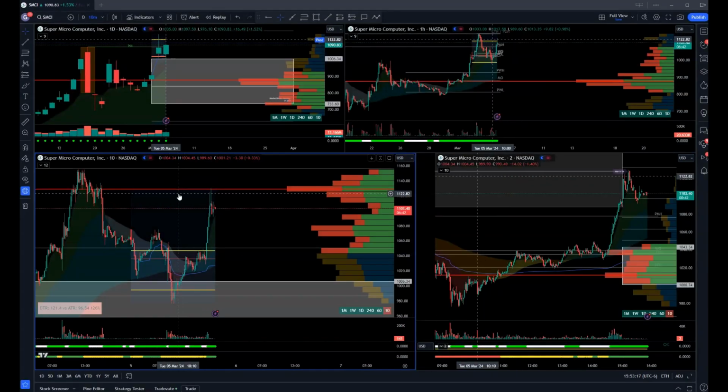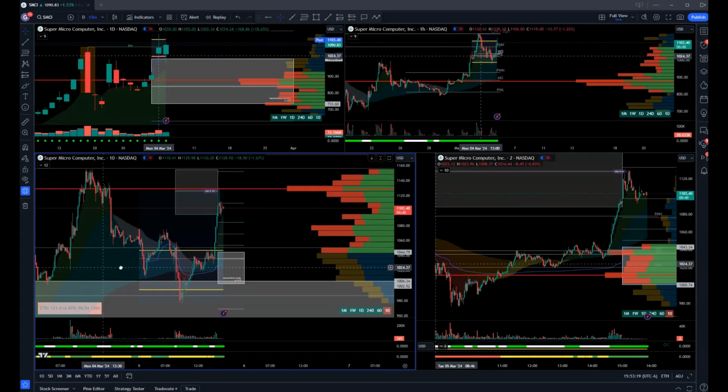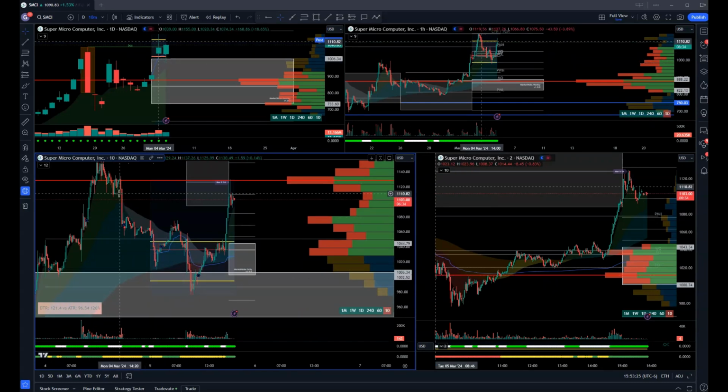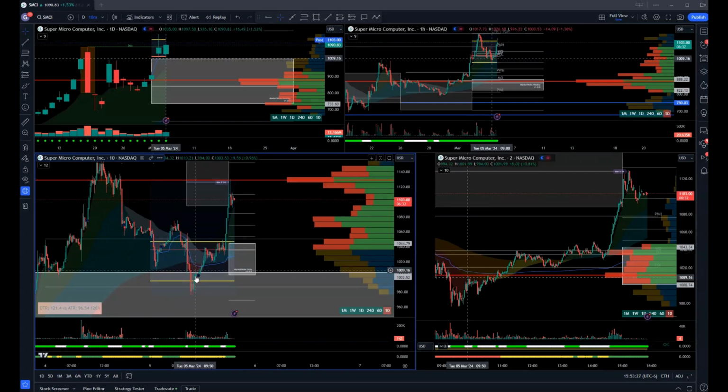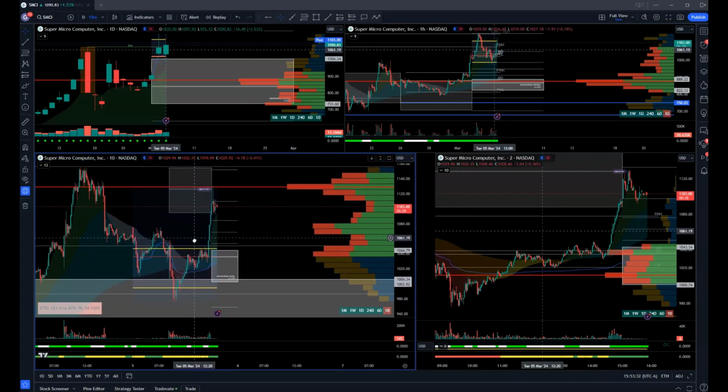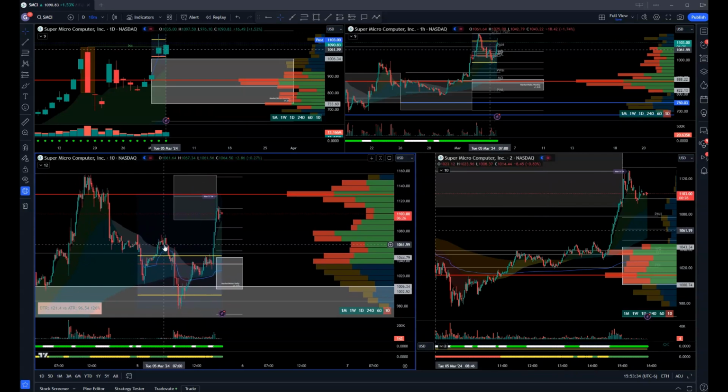Again, I covered this one yesterday because it's definitely a humongous short squeeze that happened here. Maybe you could have shorted overnight, but as soon as the market opened, it just ripped right back up. So it's like they don't learn, right?